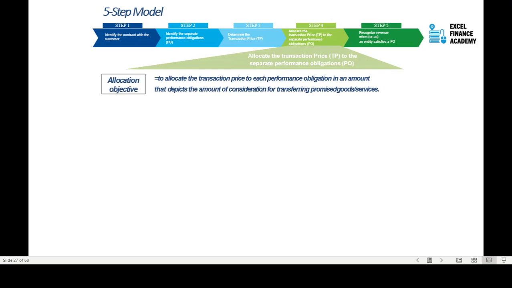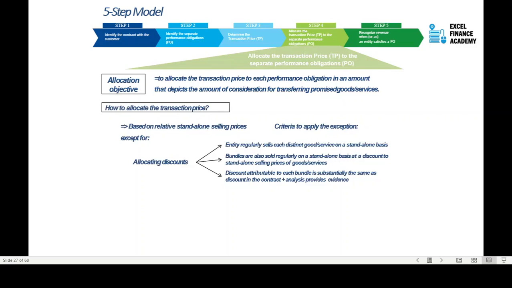The idea here is to understand the amount of consideration for each separate performance obligation, whether goods or services. The normal way of allocating the transaction price to the separate performance obligations is based on standalone selling prices.